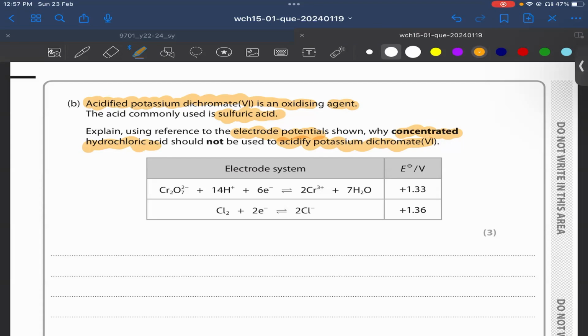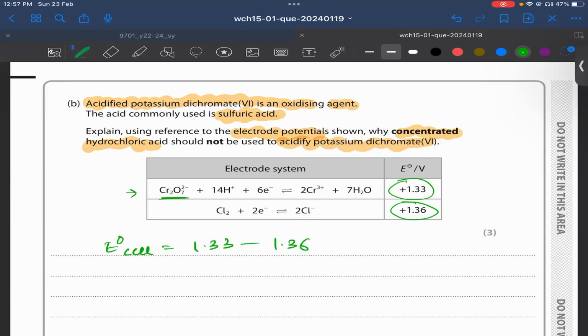If we perform the reaction in standard conditions and we are considering potassium dichromate as the oxidizing agent, it will get reduced, so this potential and this will be the oxidation potential. From here, if we calculate 1.33 minus 1.36, that would be minus 0.03. So under standard conditions, it would be only very slightly feasible. All right, this is what we want to say.